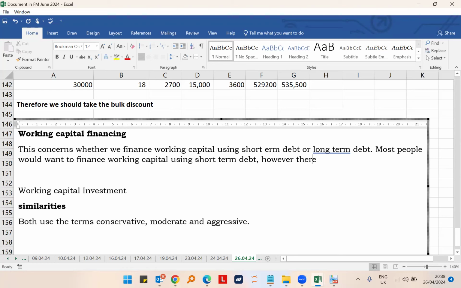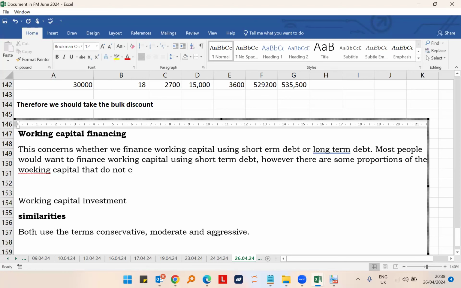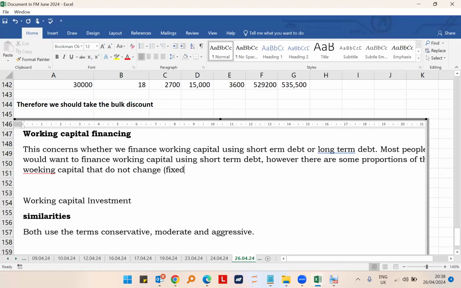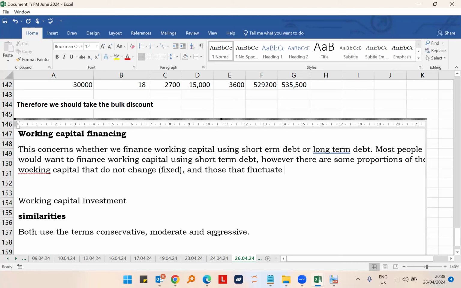However, there are some proportions of the working capital that do not change. We can say fixed. Okay? And those that fluctuate maybe on a daily or weekly basis, right?